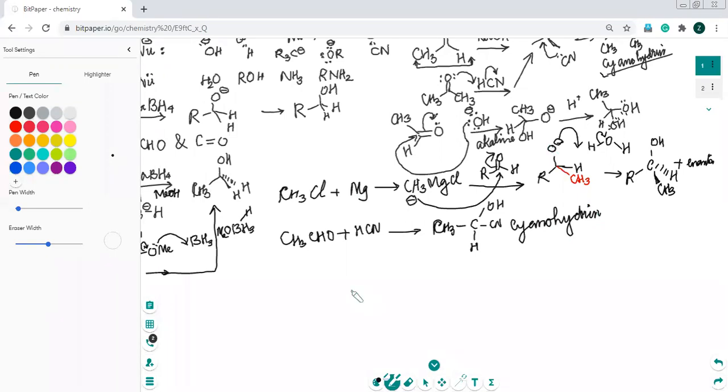There is another important reaction for aldehydes and ketones, that is addition of sodium bisulfite. Sodium bisulfite is NaHSO3.